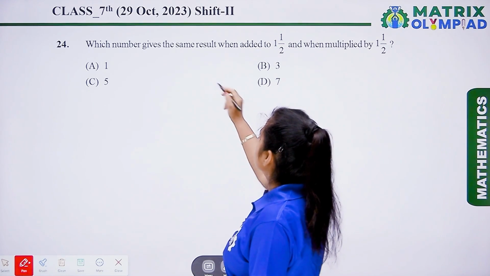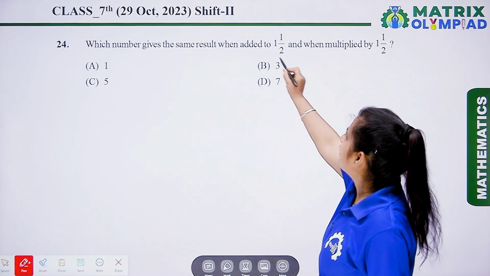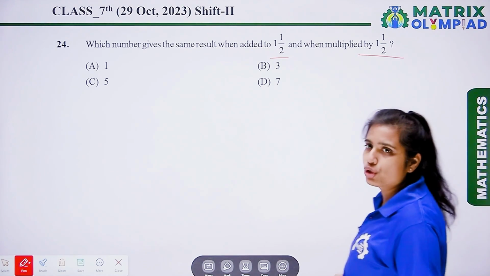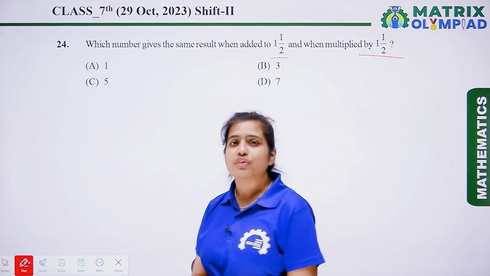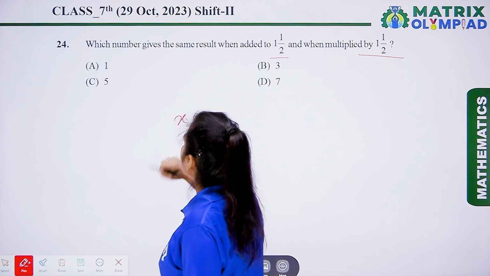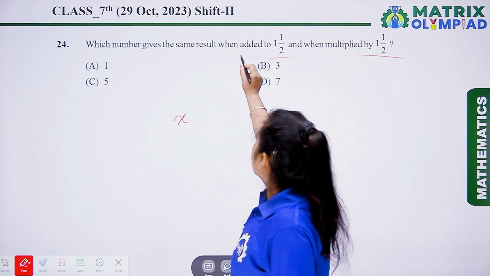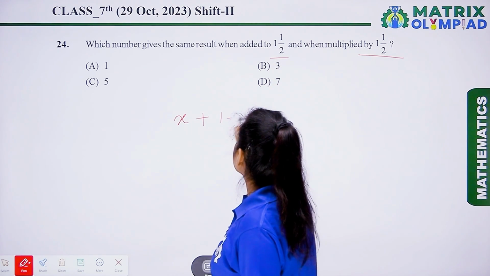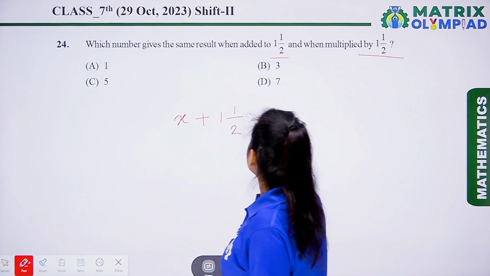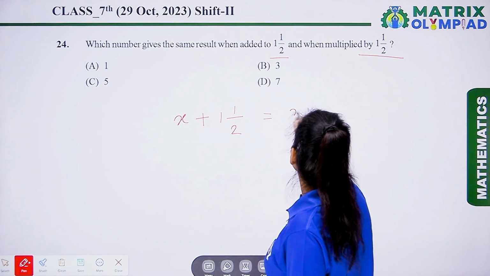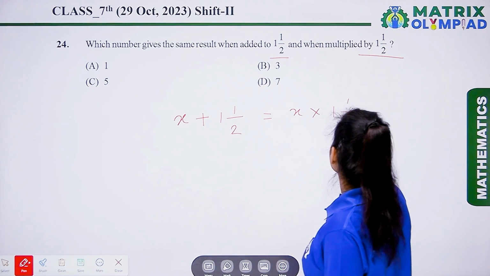Which number gives the same result when added to 1 upon 2 and when multiplied by 1 upon 2? So we have to find out the number. Let the number be x. When added to 1 by 2, the result is the same as x multiplied by 1 by 2.